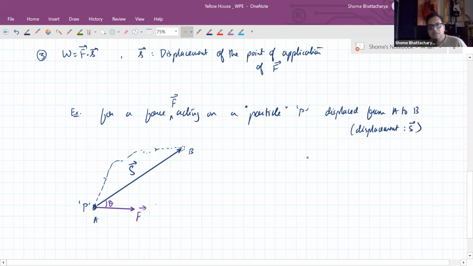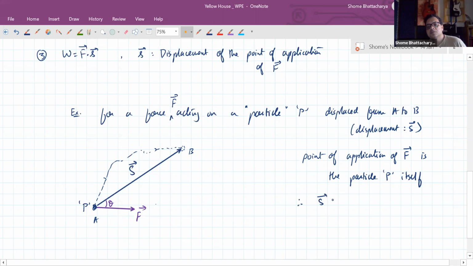So you can see that the point of application of the force F is the particle P itself.